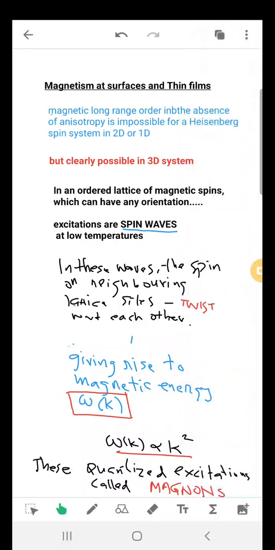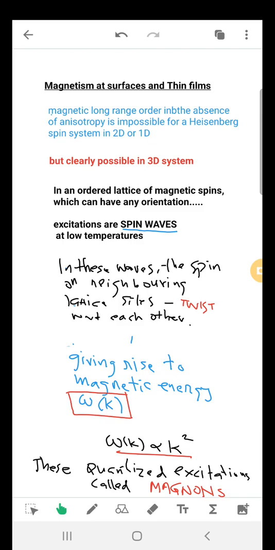Now coming to magnetism observed at surfaces and thin films, the magnetic long-range order, in the absence of anisotropy, is impossible for the Heisenberg spin system in 2D. This long-range order is not possible in 2D, however, it is possible in 3D systems.